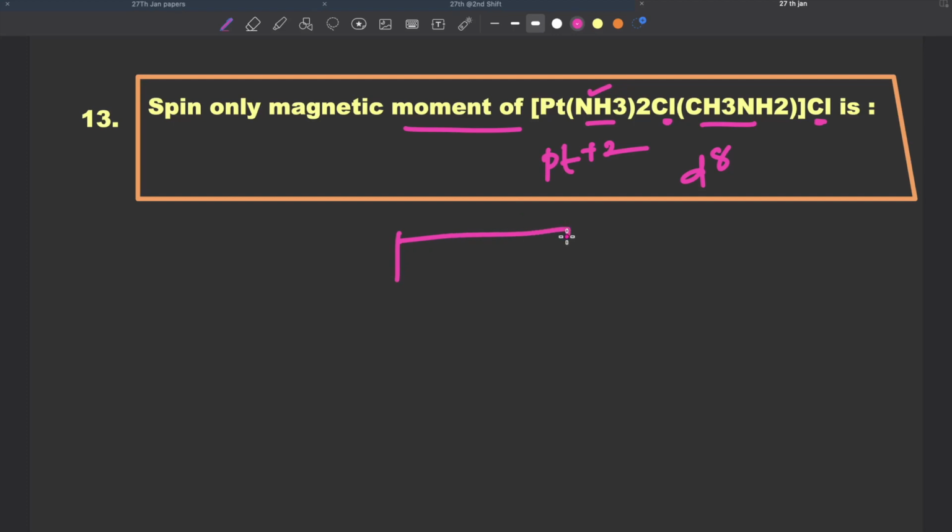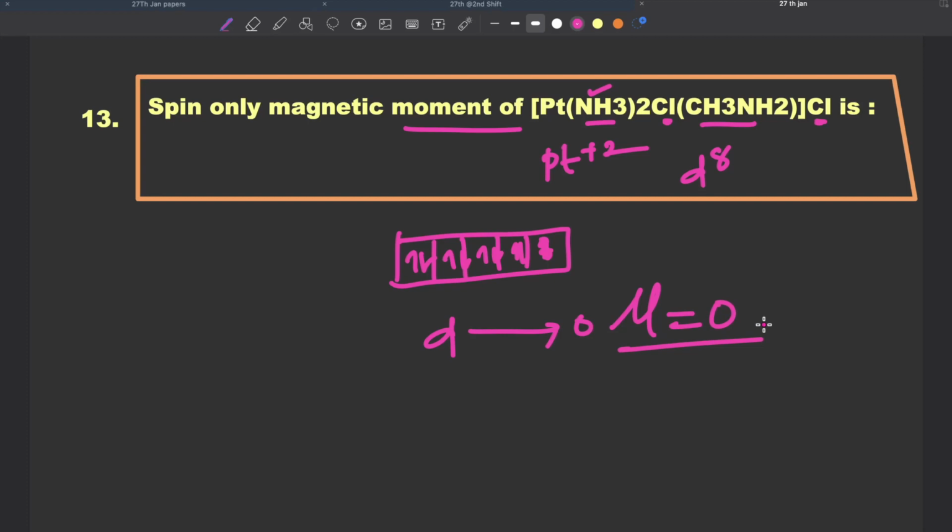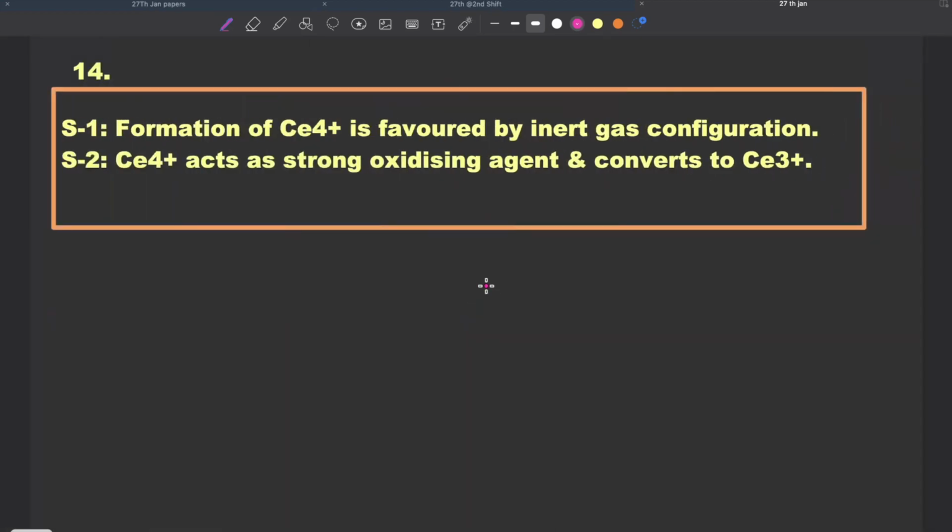So, in d8 configuration we have 8 electrons, 1, 2, 3, 4, 5, 6, 7, 8. So, this goes for pairing. dsp2 hybridization takes place. So, no unpaired electron. So, it will be d0 configuration, that means mu equals 0, right. Spin only magnetic moment.